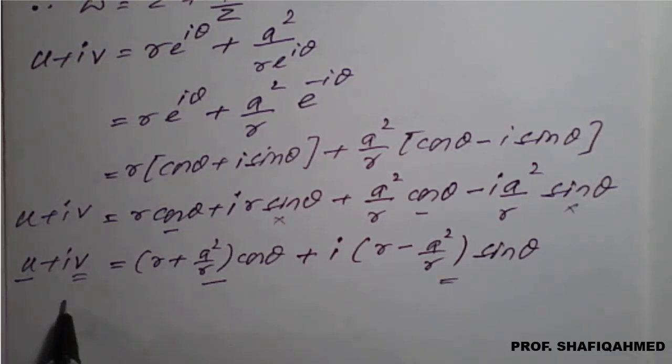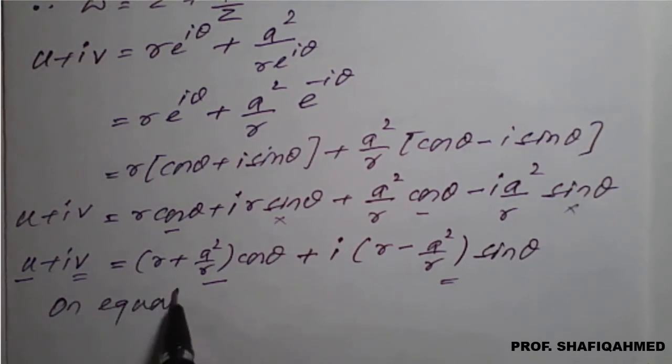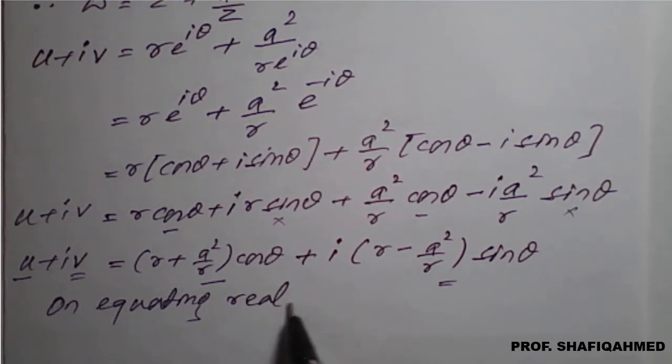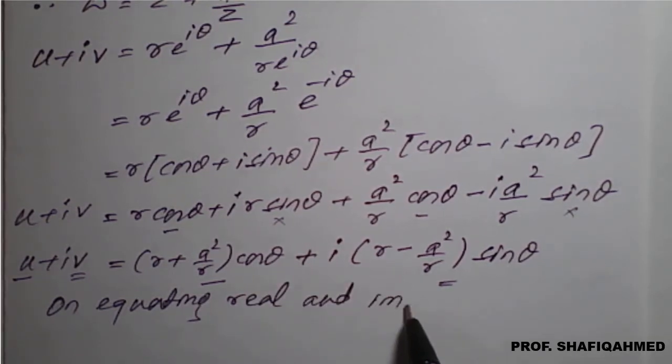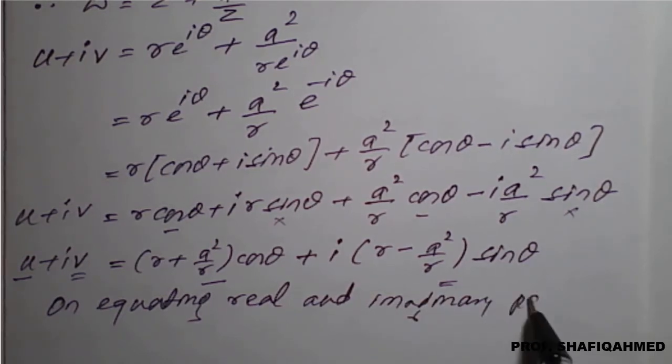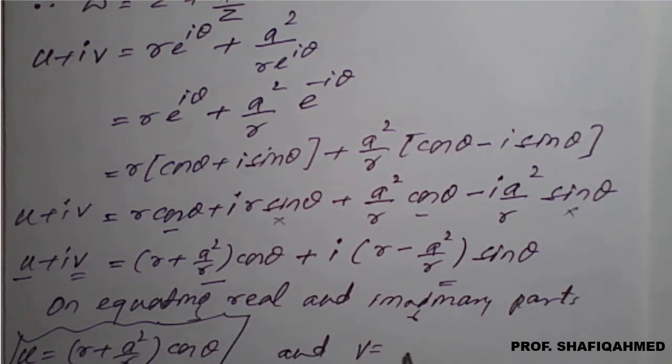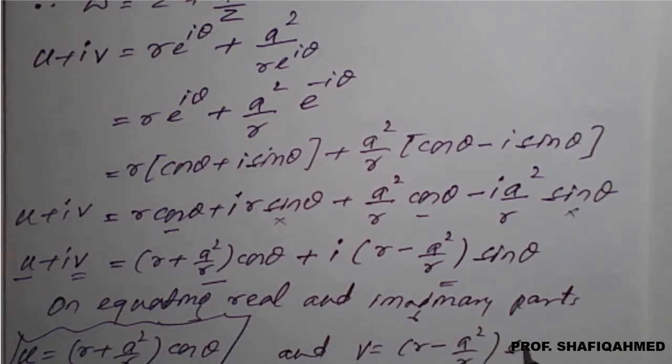So on equating real and imaginary parts, we get u = (r + a²/r) cos θ, and v = (r - a²/r) sin θ.